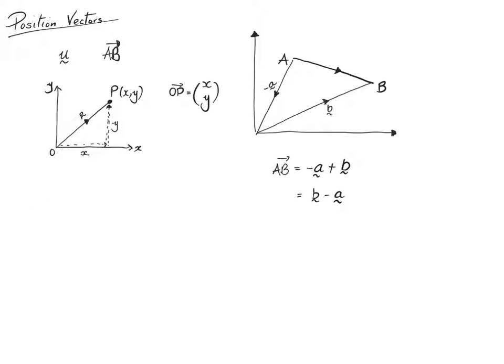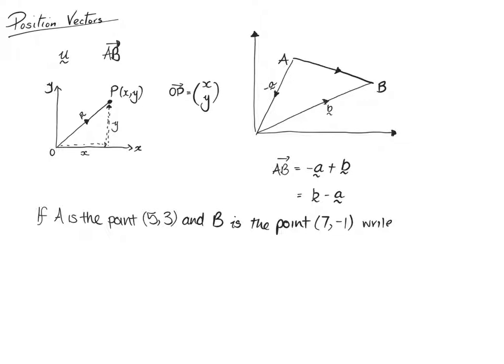So if A is the point (5, 3), and B is the point (7, -1), write the vector AB in component form or column vector form.